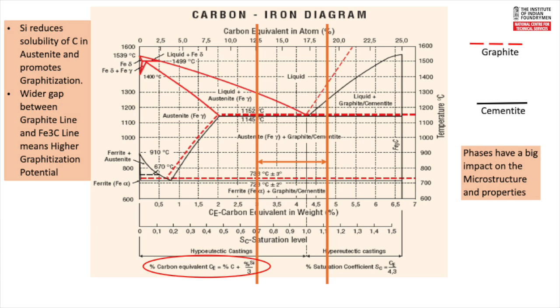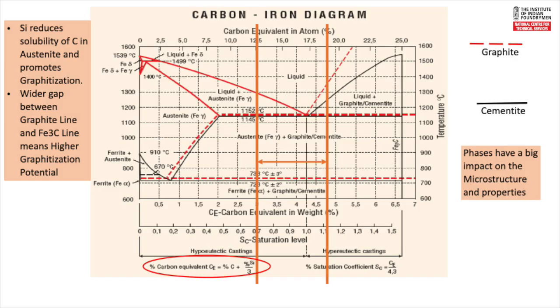Whether the metal will freeze or solidify as per the graphite diagram or the cementite diagram is affected by a number of important parameters. One is the carbon equivalent of the iron. Number two is the nucleation level in the molten iron. And third is the cooling rate.